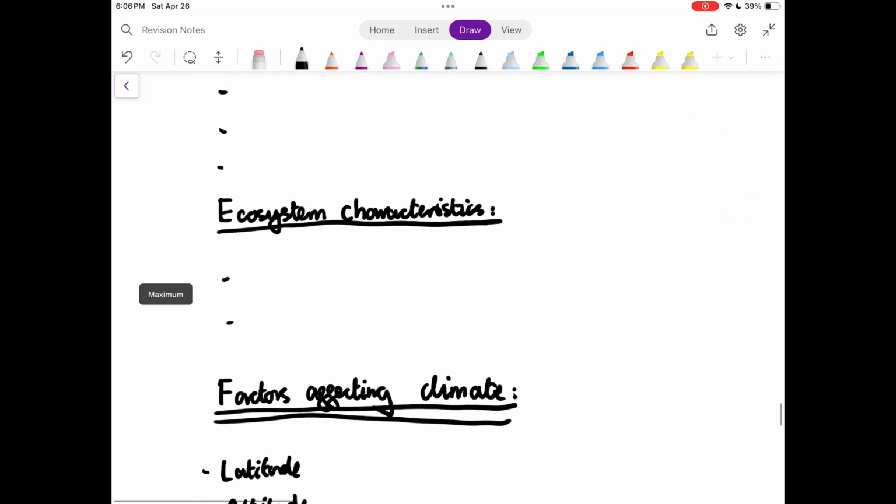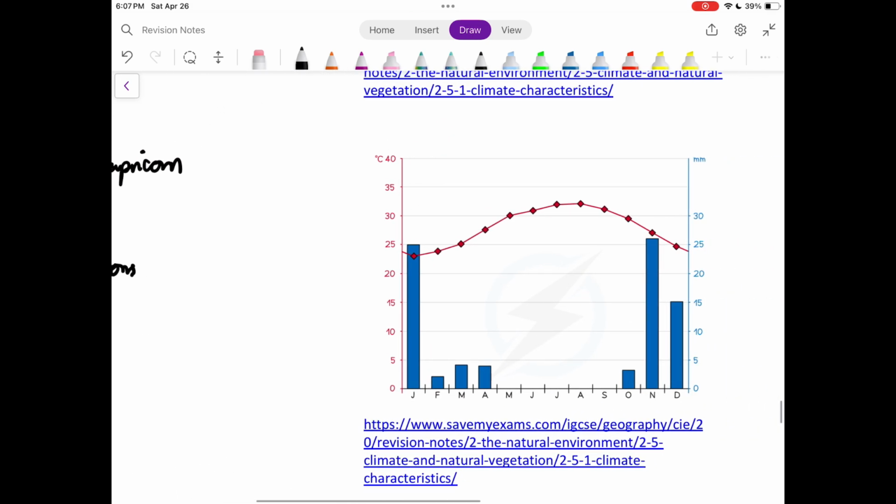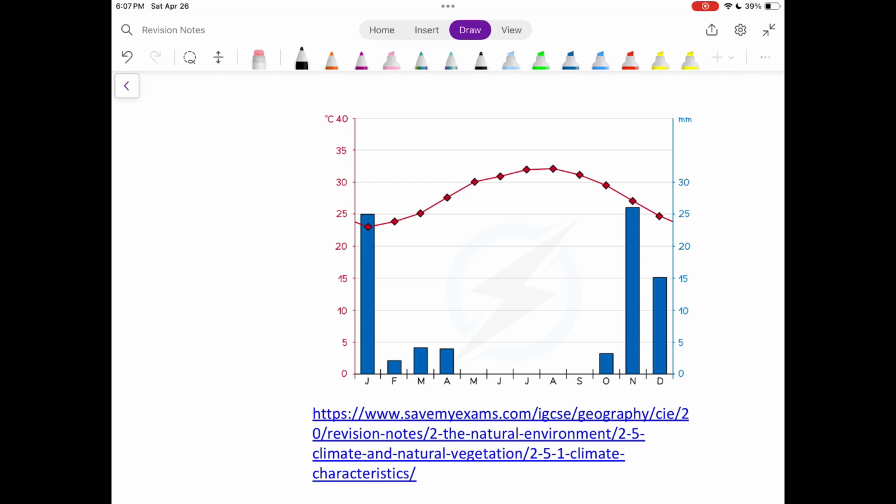Okay, so now we're going to be looking at the ecosystem characteristics of desert climate. It's quite literally the opposite of tropical ecosystem characteristics. So it has a low biodiversity and also has a low nutrient cycle. Okay, so here's a typical climate graph for desert ecosystems, and as you can see, the rainfall varies quite a lot.